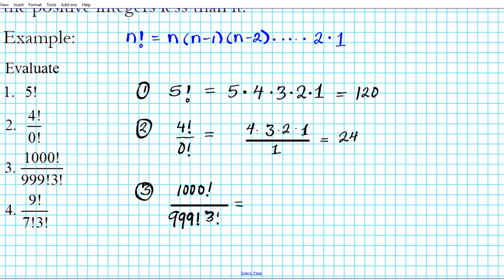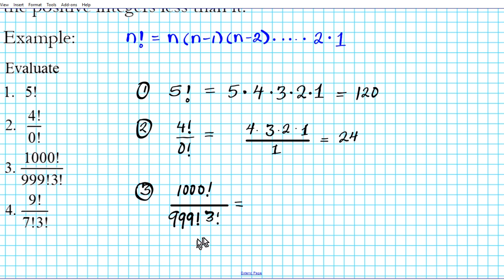Okay, so we have these 2 numbers here. What I'm going to do is decompose 1000 factorial until I hit the composite form of 999 factorial, which is 999 factorial. Then I will decompose 3 factorial since it's a smaller problem.